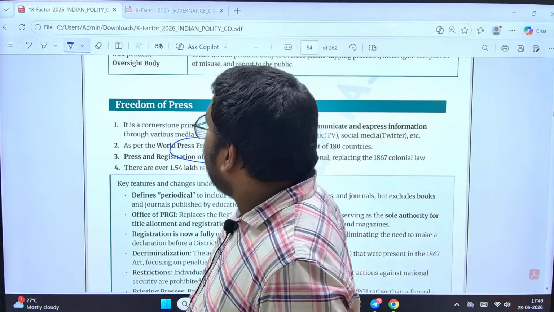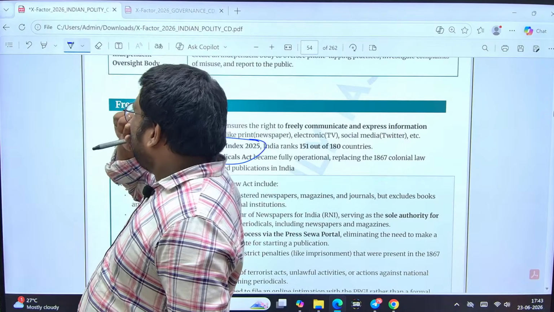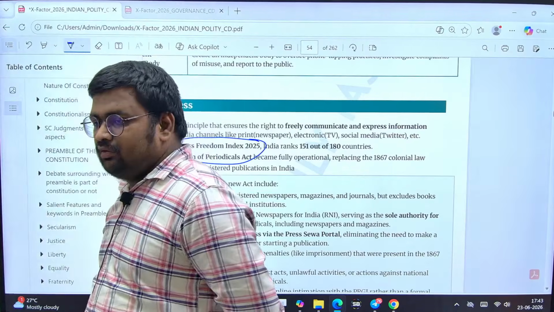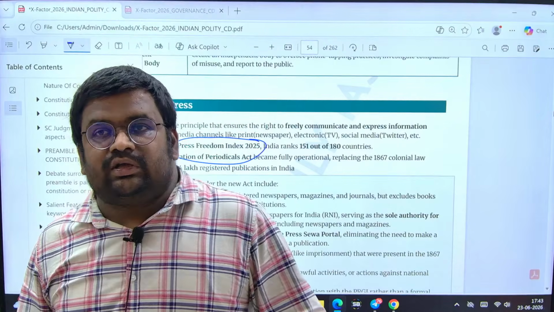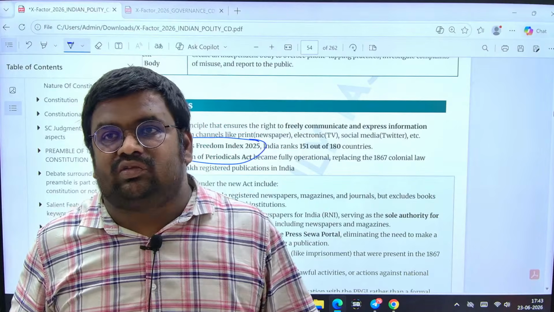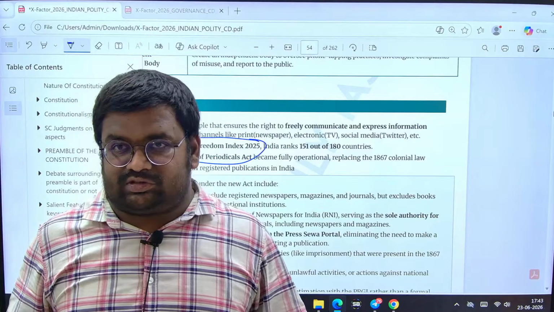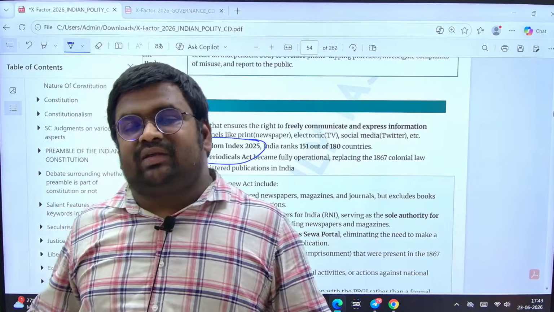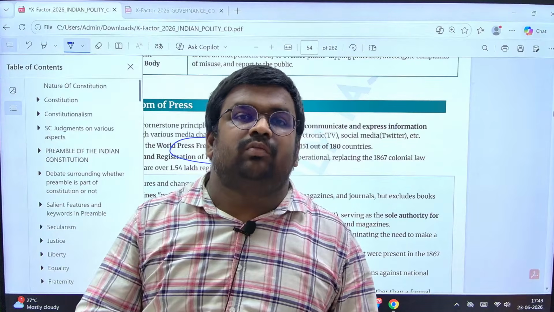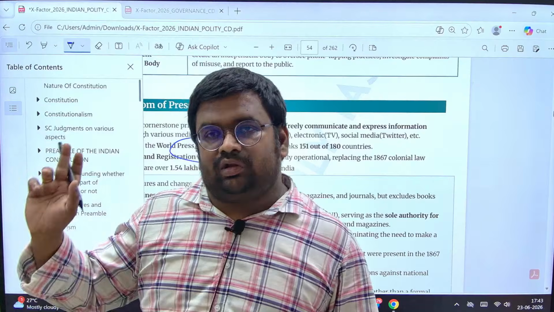This. So the point is, in terms of comprehensiveness, X factor are unmatched. Okay. In terms of depth, X factor are unmatched. And in terms of coverage, also the maximum dimensions or the maximum topics you will find only in the X factor.